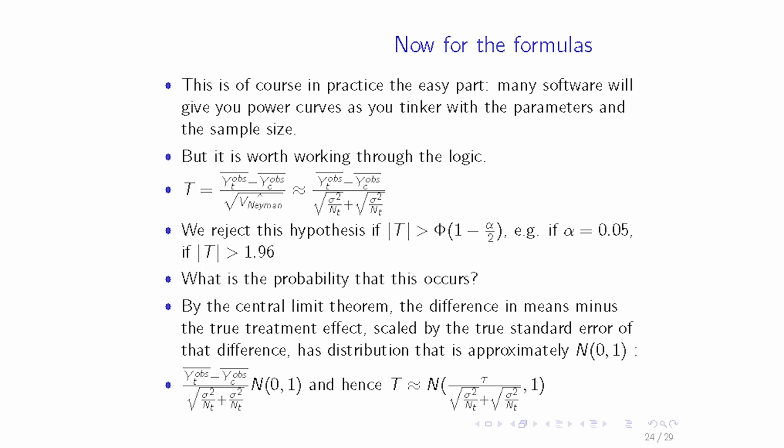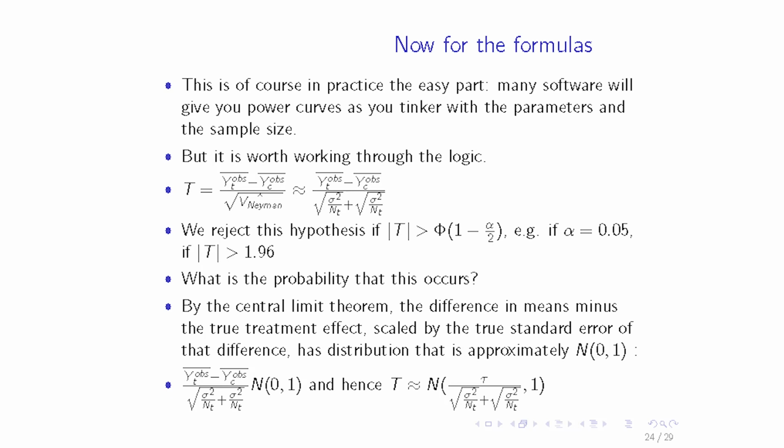That guy is approximately normally distributed, and therefore our test statistic is approximately normally distributed with this mean, tau divided by the square root of the sum of sigma squared over N_T plus sigma squared over N_C (mistake here, this should be a C), and variance 1. Okay, the t-statistic we know because we are assuming tau and sigma.